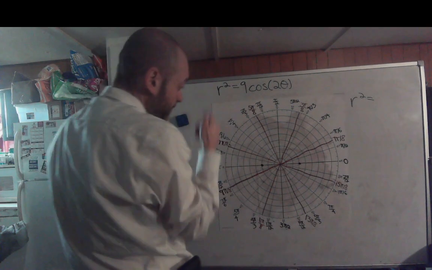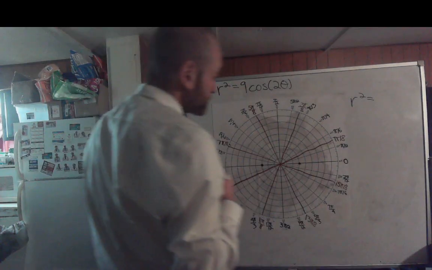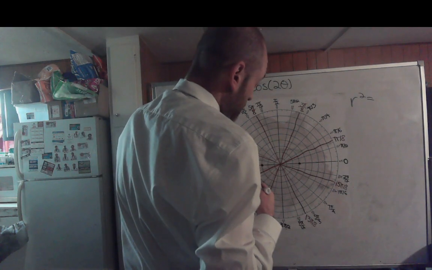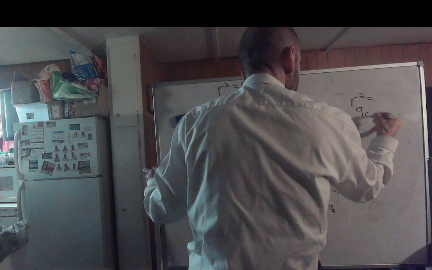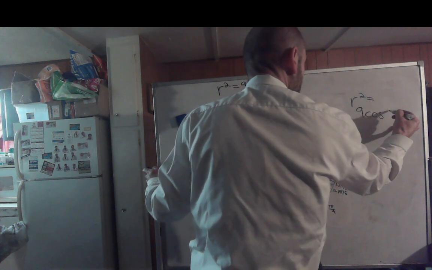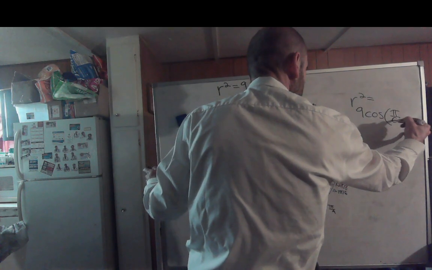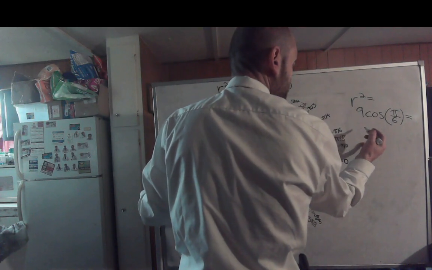Now, what if I put in pi over 12. So r squared would equal 9 times the cosine. What's 2 times pi over 12? That's pi over 6. Well, what is the cosine of pi over 6?